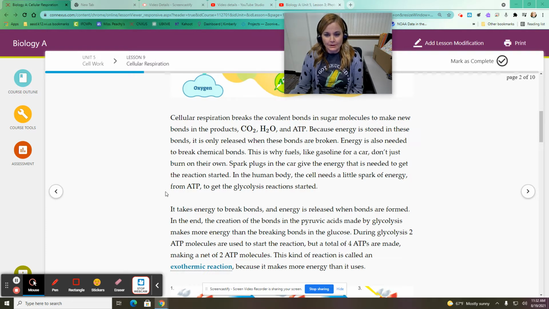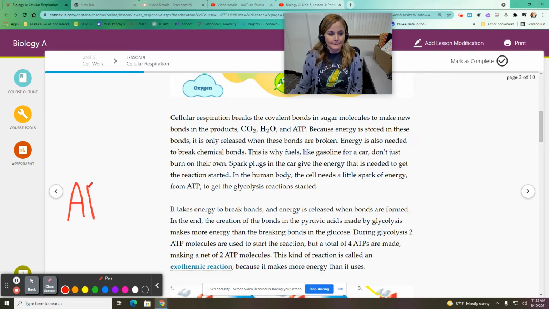So since energy is stored in the bonds, it is only released when bonds are broken. So we have to break bonds in order to release energy. This explains why ADP, adenosine diphosphate, is lower energy than ATP. When we take the ADP and we bond another phosphate group to it, right?